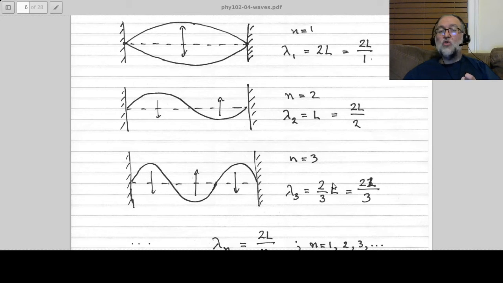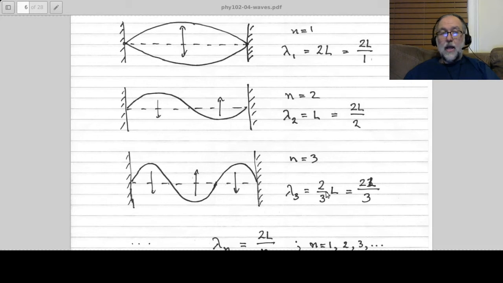So lambda here is 2/3 of the way to the full L. The full L is all the way along here, and a lambda here is just 2/3 of capital L. Again, a lambda is a crest and a trough, but you've only had to travel 2/3 of the way across to the other bridge. You only had to travel 2/3 of capital L to get a lambda. So lambda 3 is 2/3 L.